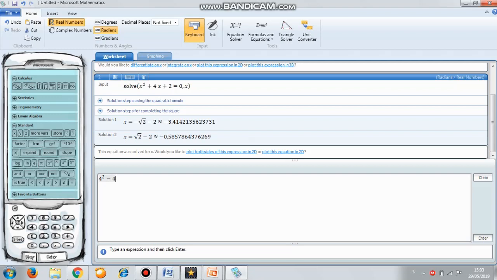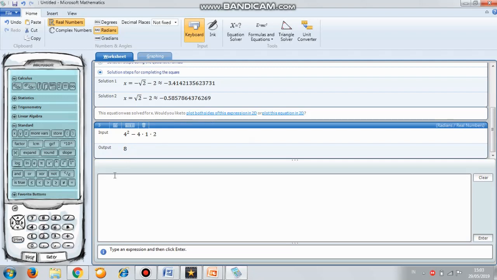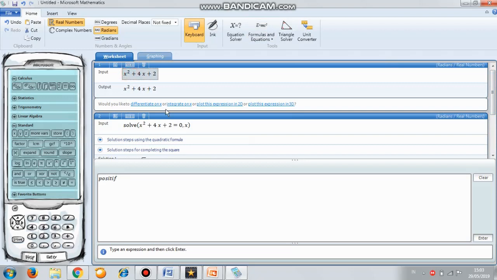We write 4 squared minus 4, multiplied by a which is 1, and then multiplied by c which is 2. Then the value is 8. It's positive.